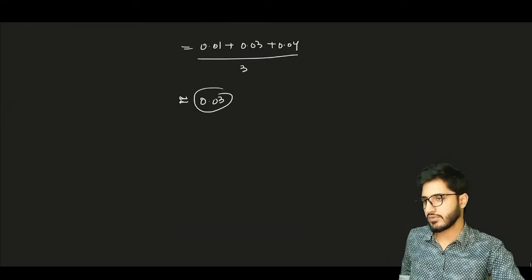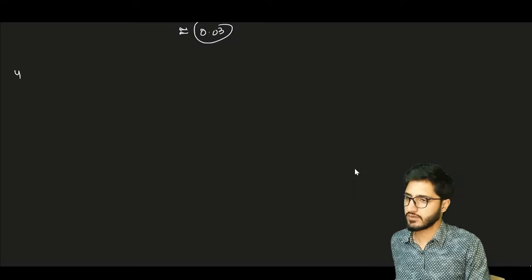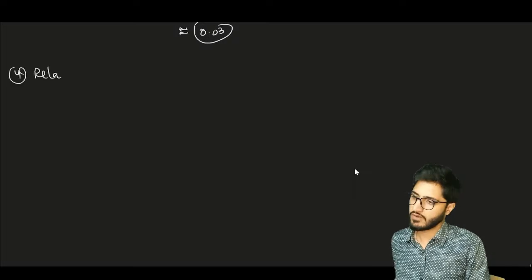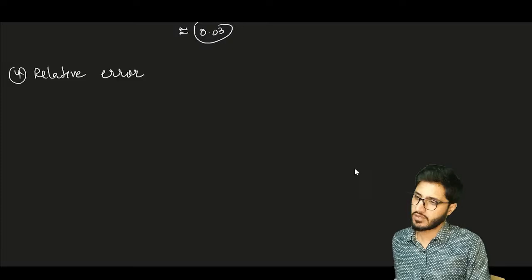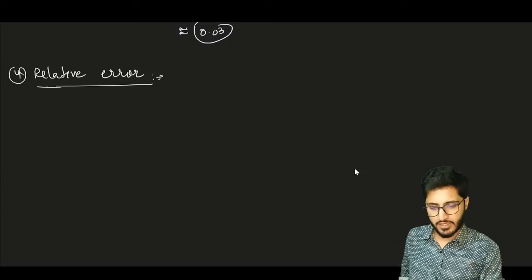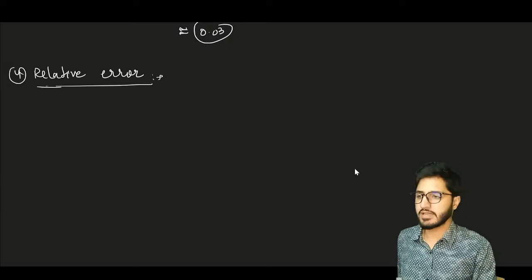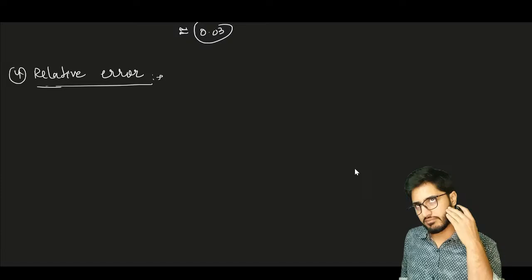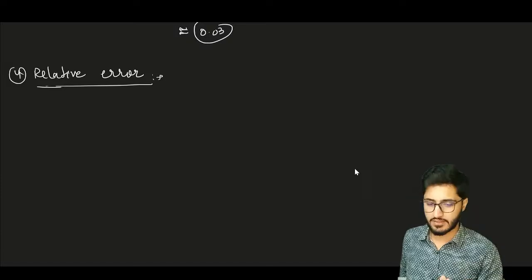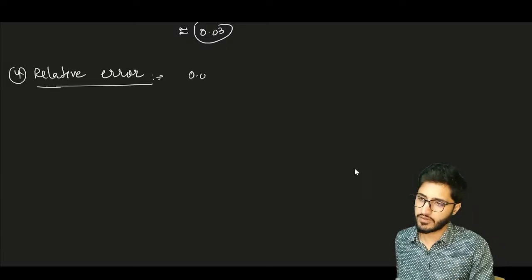Now we are having mean absolute error, then we are having relative error, the fourth one. My relative error is nothing but the mean absolute error divided by true value. So it would be 0.03 divided by 4.02, the true value.